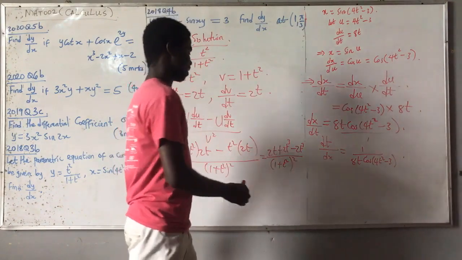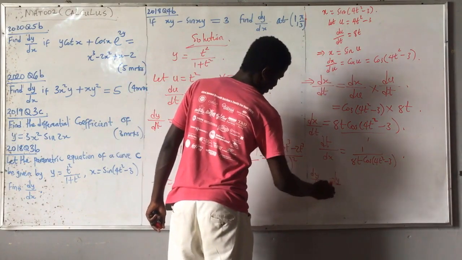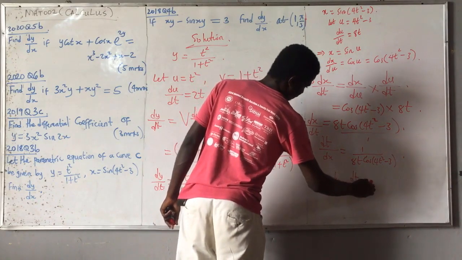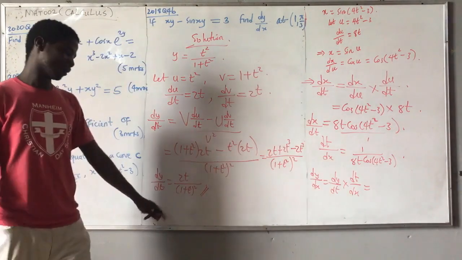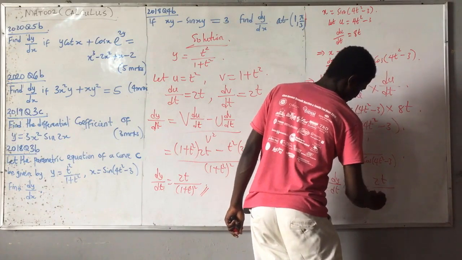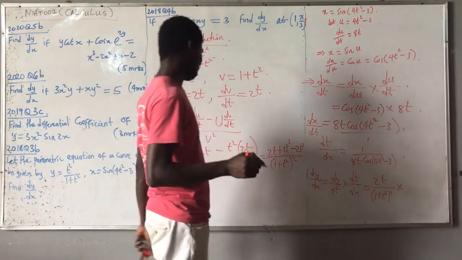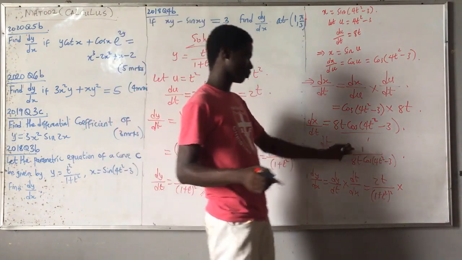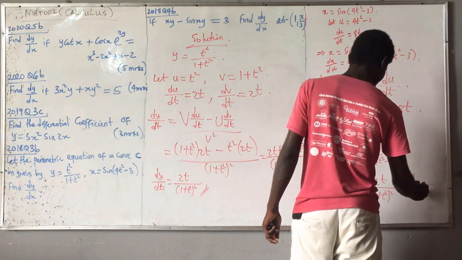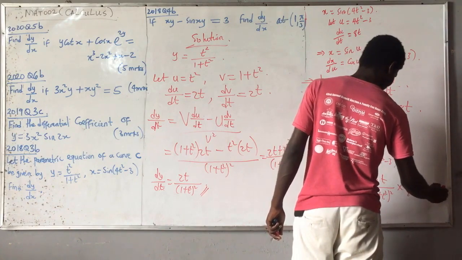So the dy/ds that you asked us to find is dy/dt times dt/ds, and dy/dt is 2t over (1 + t²) all squared. dt/ds will be this one, 1 over 8t cos(4t² − 3).